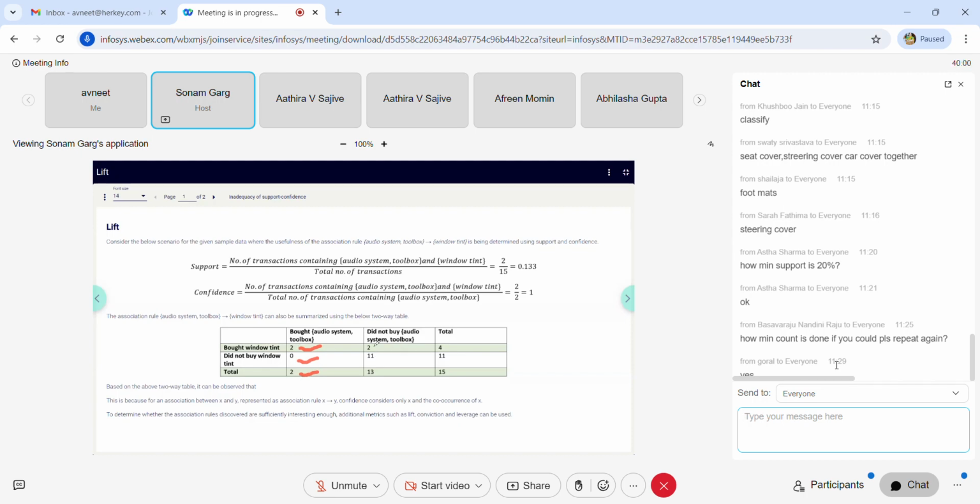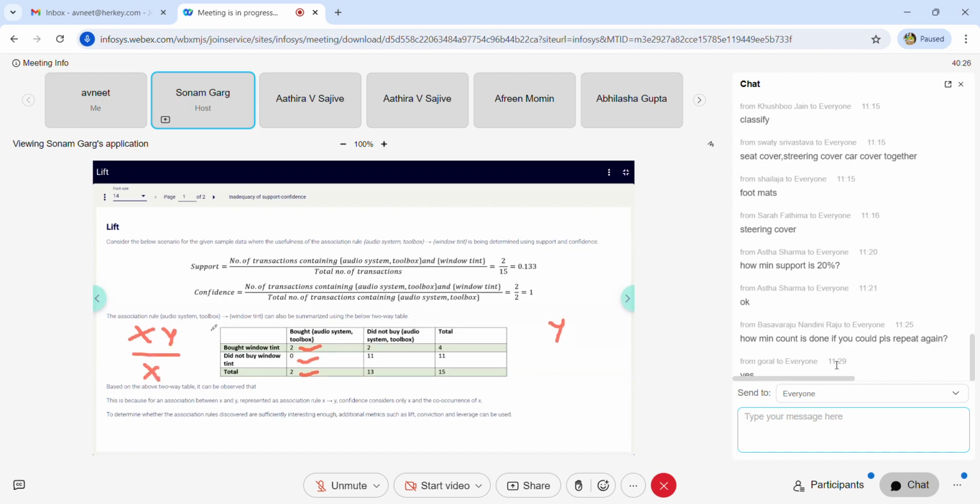Now, what about people who did not buy audio system and toolbox together, but purchased window tint? Do we have such an occurrence? Till now, we have not taken into account the case where people purchased only Y. We talked about people purchasing X and Y together divided by people purchasing X in confidence.